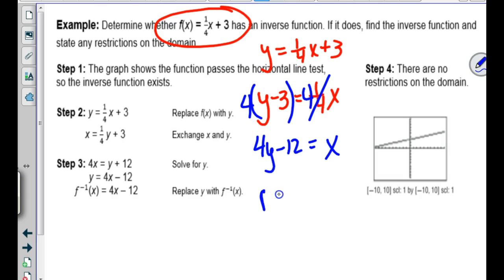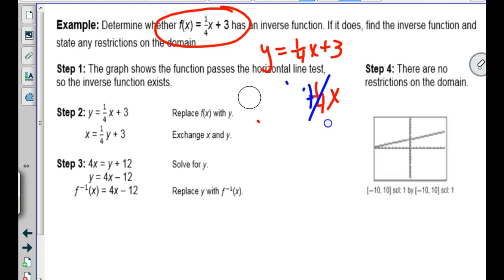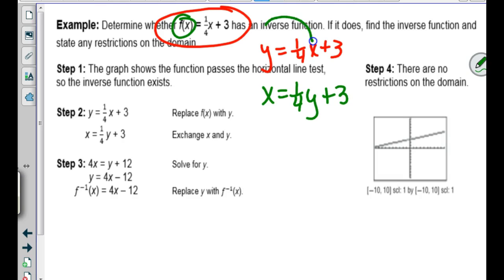Did I switch the x and y? Okay. We did it right. I just didn't use the right notation. The first thing is I switched the f of x to a y. The second thing I'm supposed to do is switch the x and y. Then I'm supposed to solve for the y, which is what I just did.